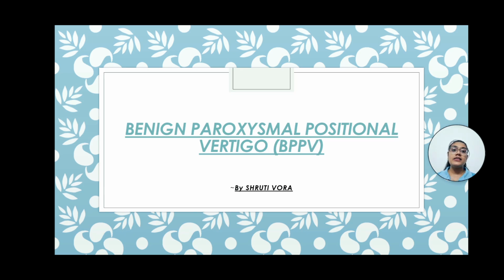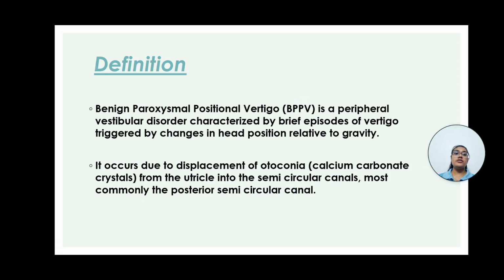Today, I am explaining benign paroxysmal positional vertigo. Definition: BPPV is a peripheral vestibular disorder characterized by brief episodes of vertigo triggered by changes in head position relative to gravity.